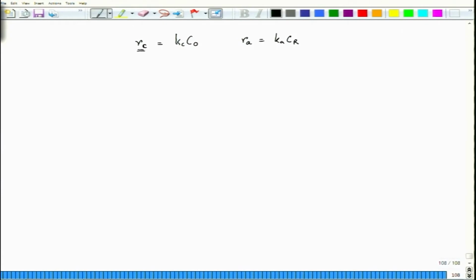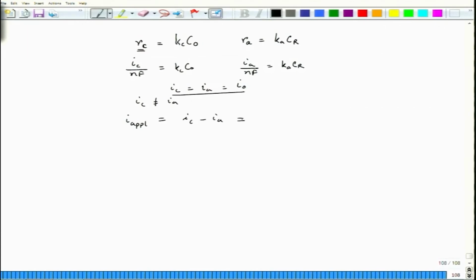Now, this rate can be converted to current density by doing the simple formula, which is Ic by nF equal to Kc C0, and here it will be Ia by nF equal to Ka C_R, and when Ic equals Ia, then we have I0, but if Ic is not equal to Ia, then there will be a net current flow, which I can write in terms of I applied, which is Ic minus Ia equal to Kc C0 minus Ka C_R.